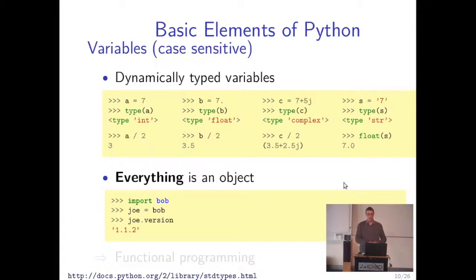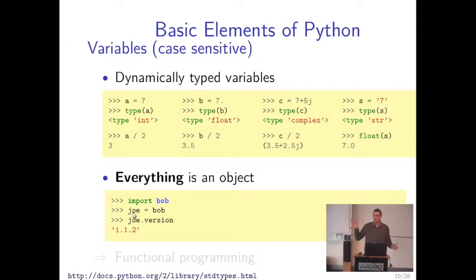Another note on variables in Python is that everything inside the Python language is an object. So when you import a module, it is an object like any variable or anything else. So, for example, if you do not like the name Bob, then you say, okay, we import Bob.